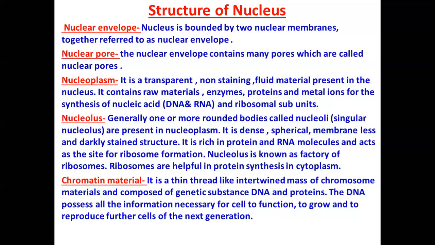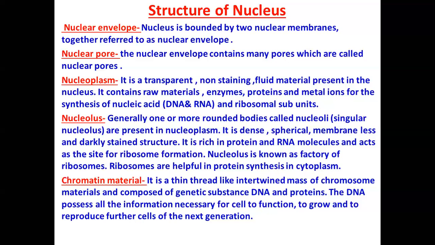By ribosomes. Now next is chromatin material, that thread-like structure which you have observed in the diagram. It is a thin thread-like intertwined mass of chromosome materials and composed of genetic substance, DNA and proteins. The DNA possesses all the information necessary for the cell to function, to grow, and to reproduce further cells of the next generation.